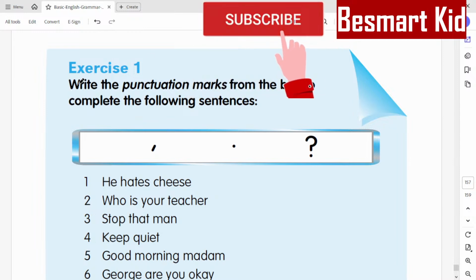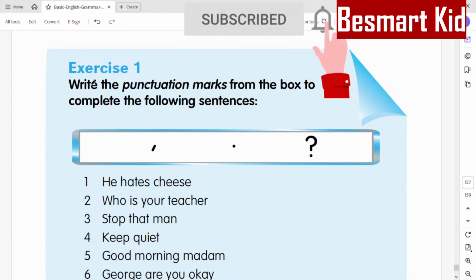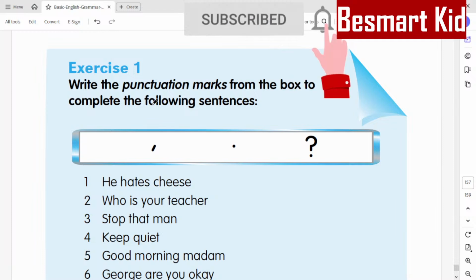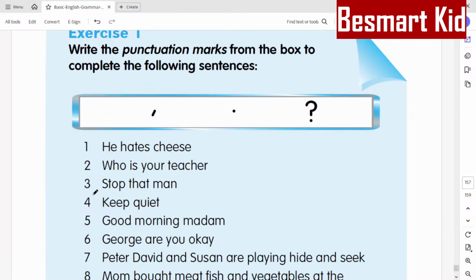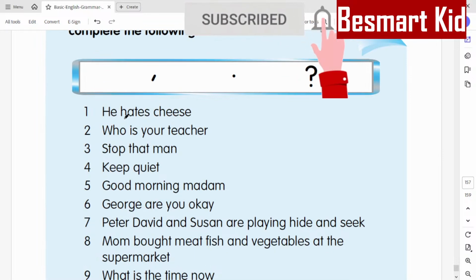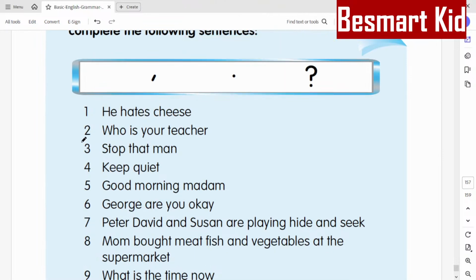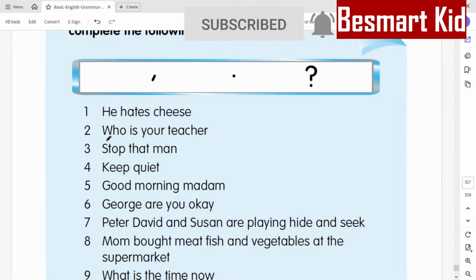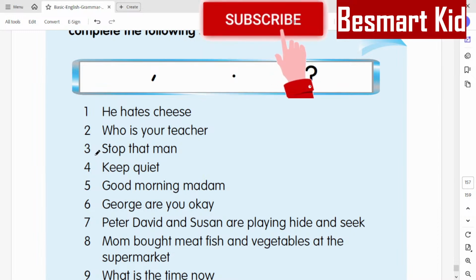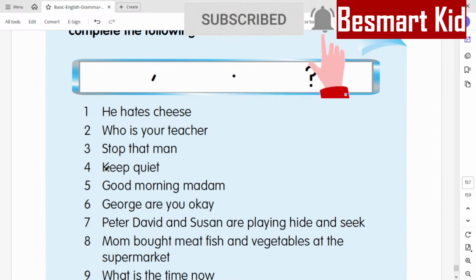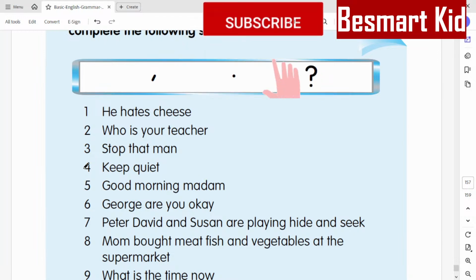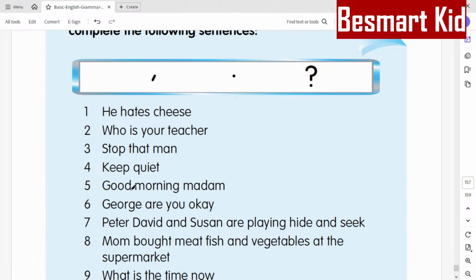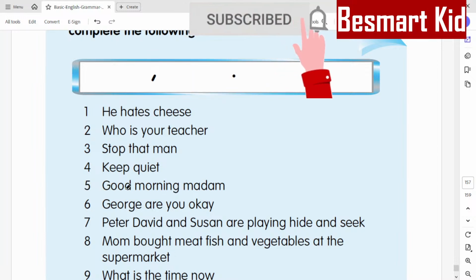Exercise 1. Read the punctuation marks from the box to complete the following sentences. First, he hates cheese. Second, who is your teacher? Third, stop that man. Fourth, keep quiet. Fifth, good morning, madam.